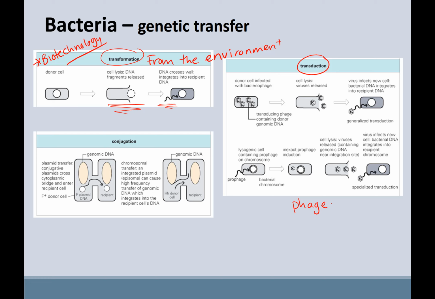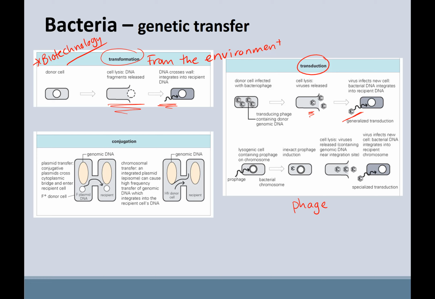So remember, these are viruses that can infect bacterial cells. So sometimes the phage will actually grab DNA from a cell that it's infecting, and when it goes to infect a new cell, it transfers that DNA. So another way that bacteria can get a whole gene instead of waiting for mutations to slowly change things.